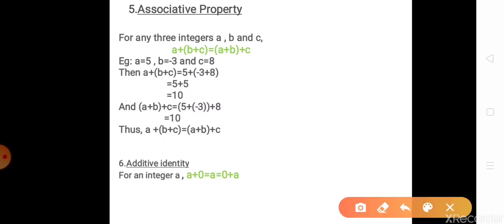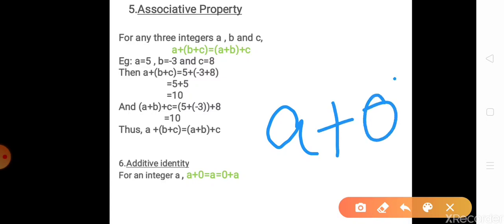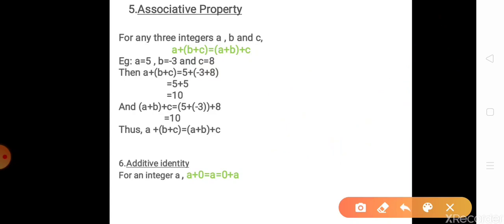I will tell you. Suppose we take an integer a, and if we add it with 0, again we are going to get what? a. The same integer itself will be the result. That's why 0 is the additive identity of the integer a.